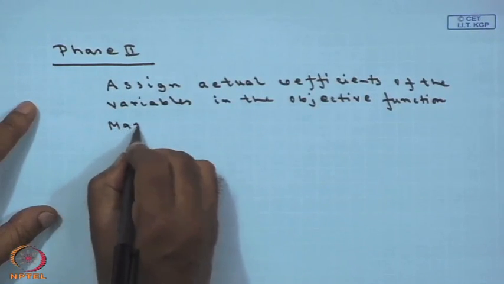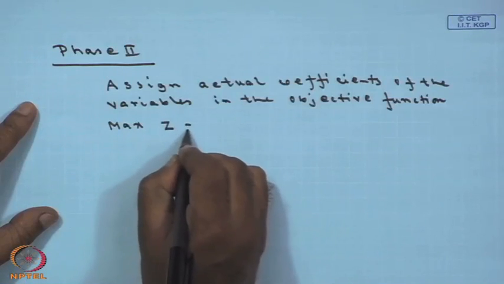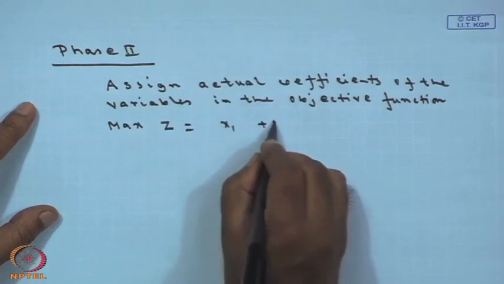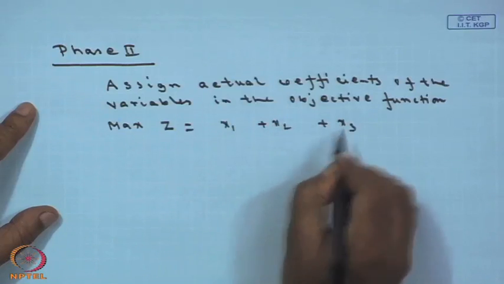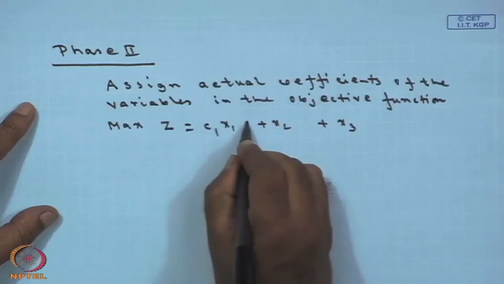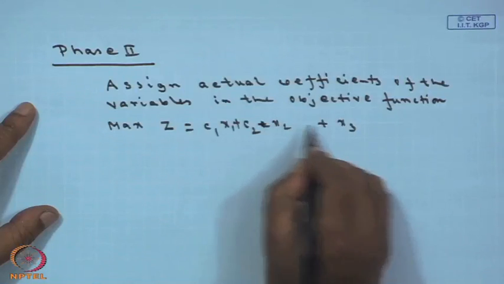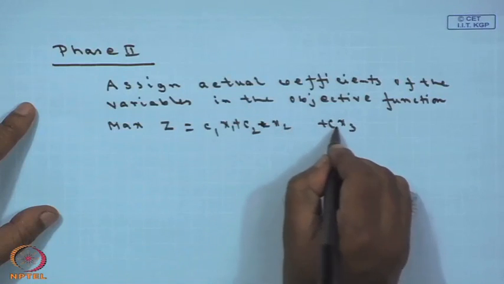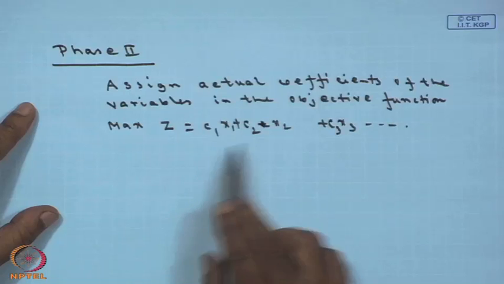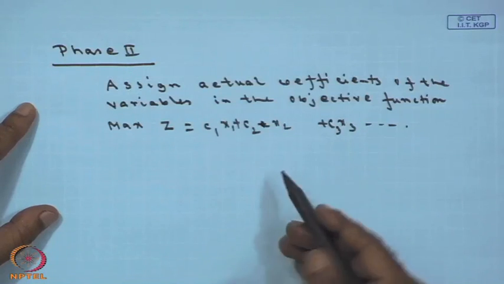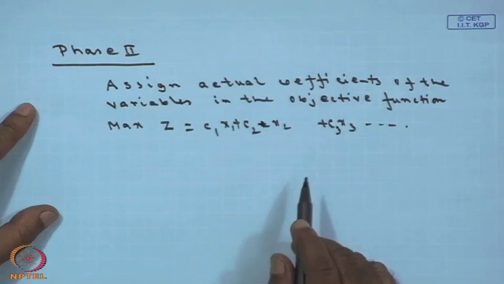The change is you are taking the original objective function, and as the coefficients of x1, x2 and so on, you are taking the actual coefficients, say C1 x1 plus C2 x2 plus C3 x3, something like this. So, these are the actual coefficients, the table will remain the same. And now again you apply the simplex algorithm whatever we have done earlier.